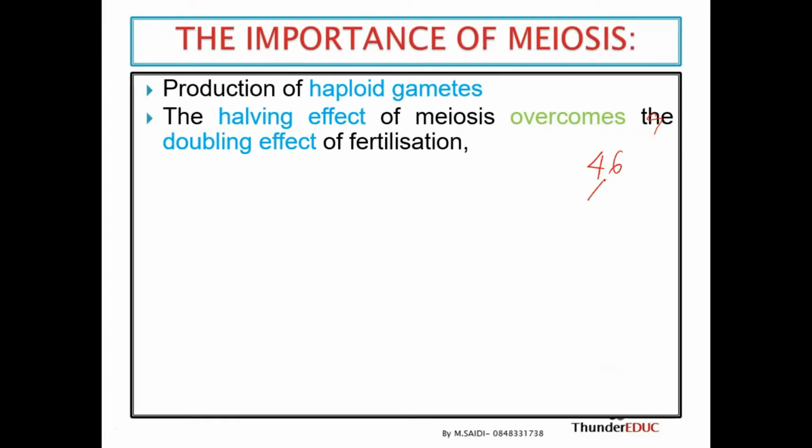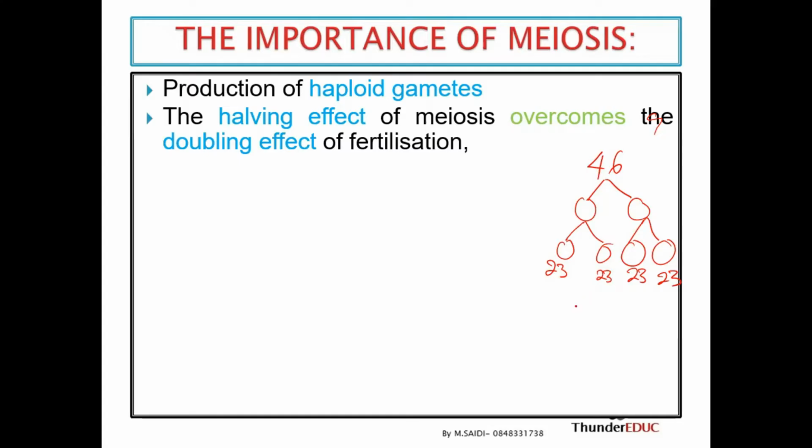These 46 chromosomes divide, and when they divide, you form one cell, another cell, and then these also divide to form another cell, another cell. We want to explain this issue of the halving effect. Now this is 23, this is 23, this is 23, this is 23. So the sperms or ova which are being formed here are going to be 23.